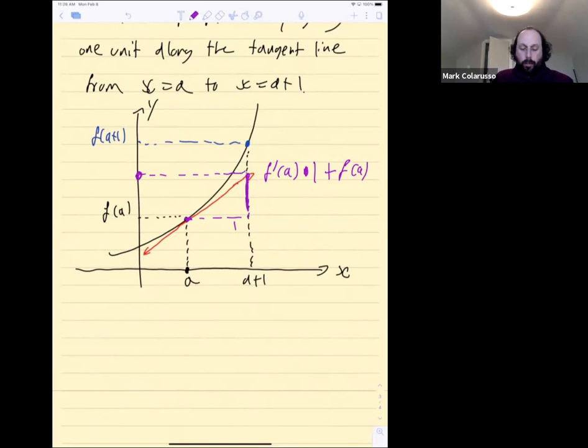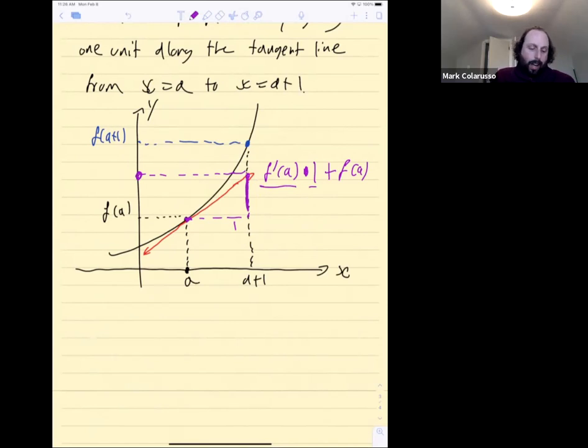Just moving along the tangent line 1 unit, the slope of the tangent line is f prime of a. You move 1 unit to the right, so you move up by f prime at a times 1, which is f prime at a, plus f of a. And that gives you the height of this point on the tangent line.